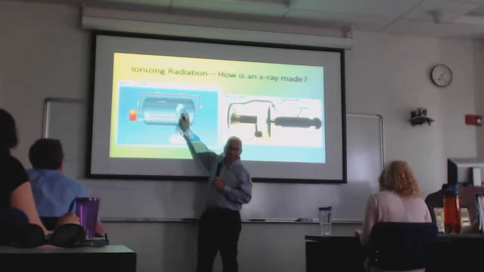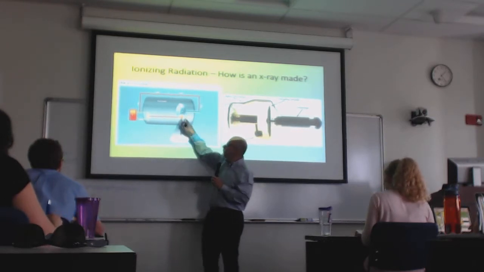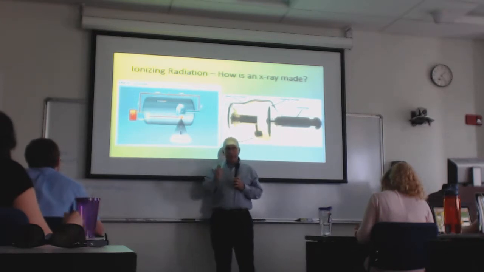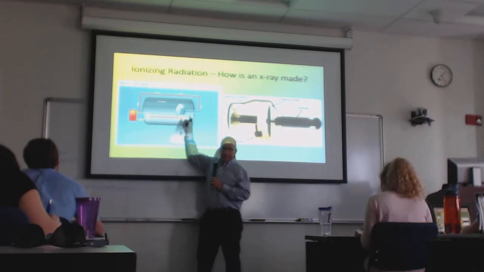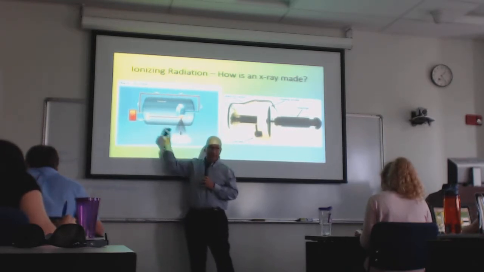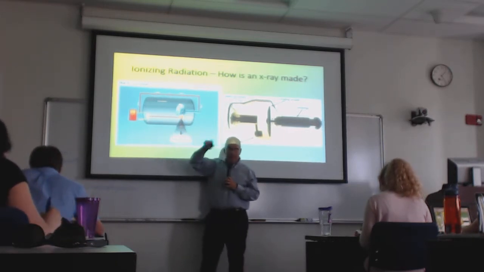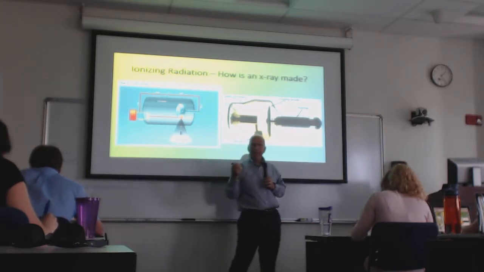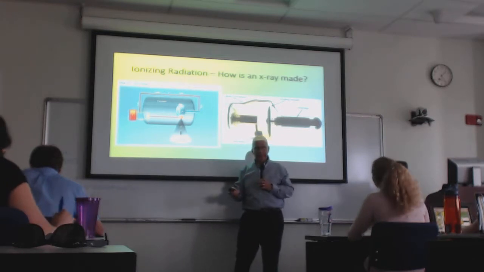This side is positive, this is the anode, okay? And the anode is spinning, and it's particularly designed so that when you create the electrons off of this heating element, and you've got this major potential, positive on the anode and the electrons negative, the electrons go flying this way toward the anode, which is spinning. The anode is made of different materials depending on what energy of X-rays you want to create.